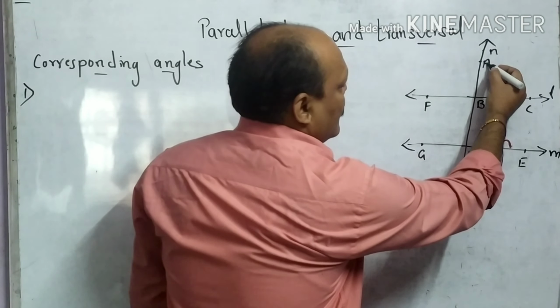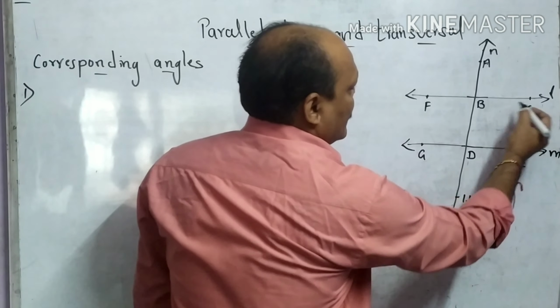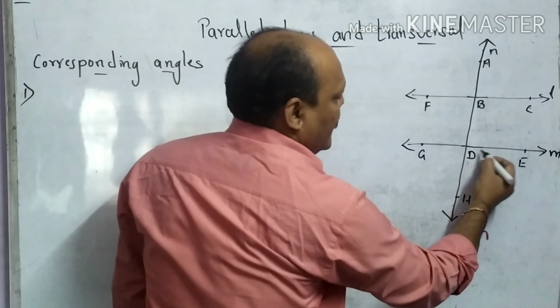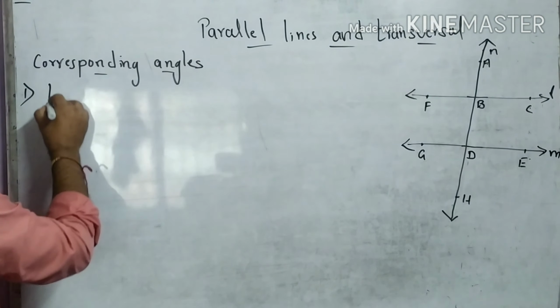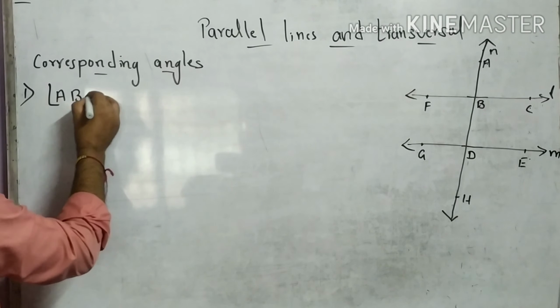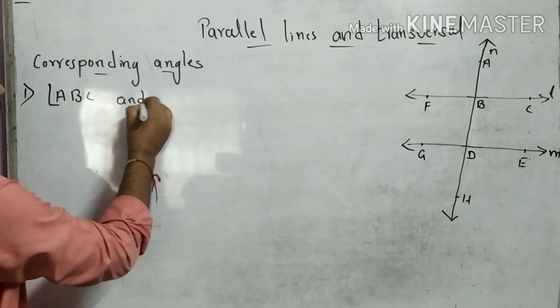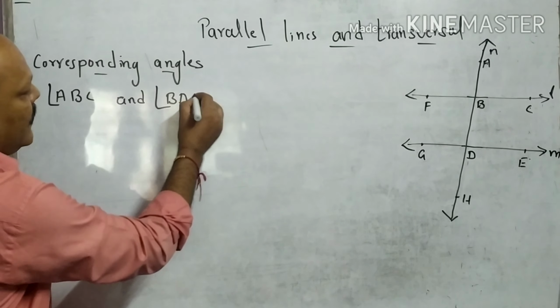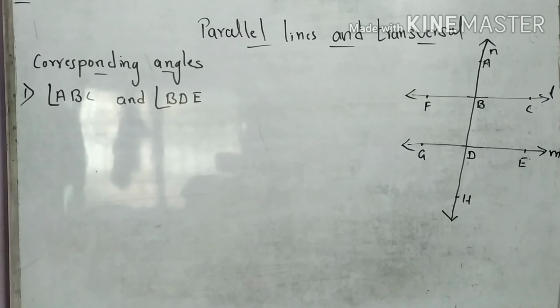Angle A, B, C. The corresponding angle is B, D, E. That means angle ABC and angle BDE. These are the corresponding angles.